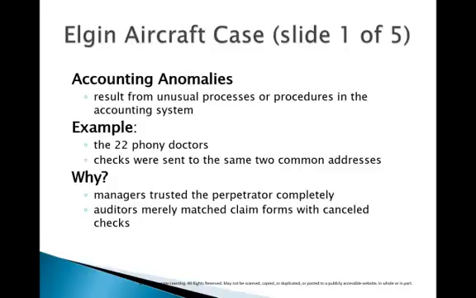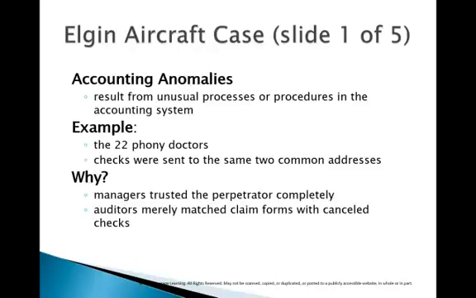What she does is she sets up 22 phony doctors and sends in fake medical bills and approves those bills for payment by Elgin Aircraft. And then she basically collects the check and deposits it. She's able to embezzle the money through these payments to fake doctors.